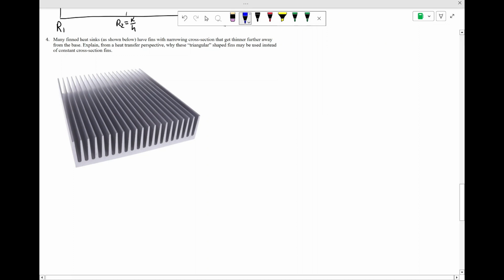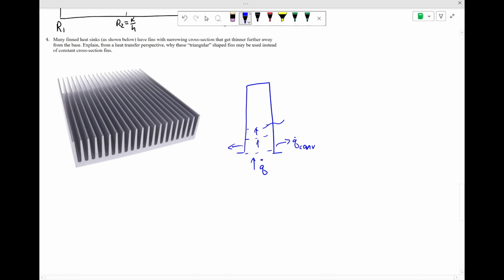So this question is getting a little bit more qualitative than some of the previous ones, but the basic idea is that in a fin, as you go up away from the base, if there's some heat transfer rate going into the base, let's just imagine there's heat transfer to the surroundings, then the amount of heat transfer going through each subsequent cross-section is going to be decreasing. So in other words, the conduction heat flow rate decreases as you work your way up or along the fin.